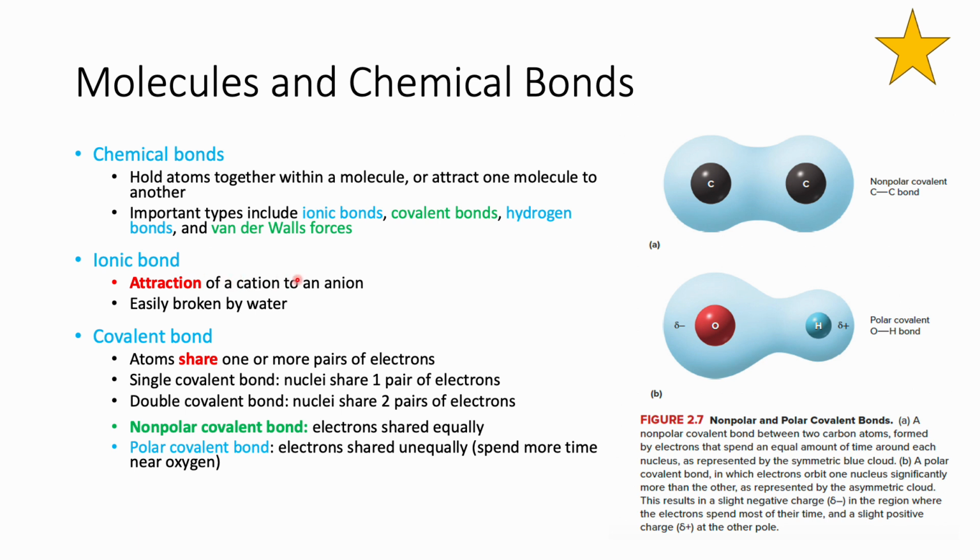Which example did we see a couple of times already of an ionic bond? An attraction between a cation and an anion. That is, hopefully we're all yelling, sodium chloride. And again, ionic bonds are easily broken by water, and when that happens, it gives us those electrolytes.